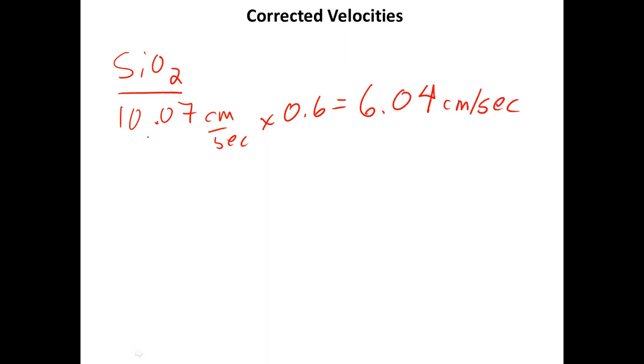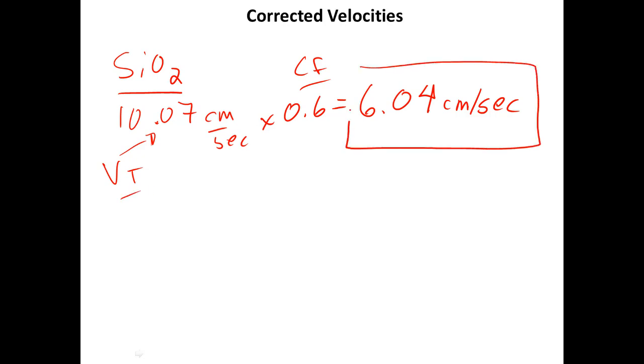So I'm taking that settling velocity we calculated earlier using the Hahn approach, 10.07 times our correction factor, to get a corrected settling velocity for quartz of 6.04 centimeter per second.